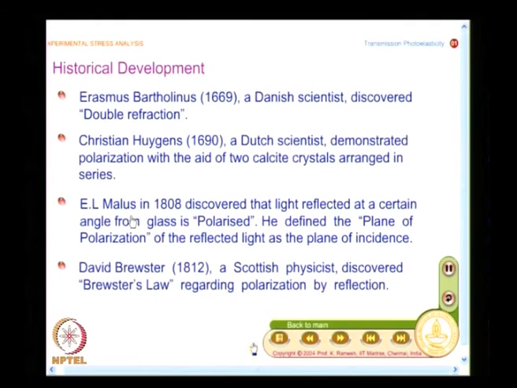If you look at these names, they are the celebrated people in the field of physics, and for each one of them you have laws associated with them, and Huygens principle is very famous in wave optics.